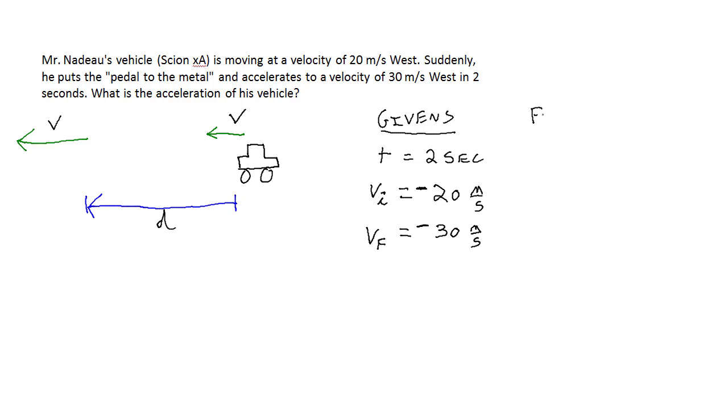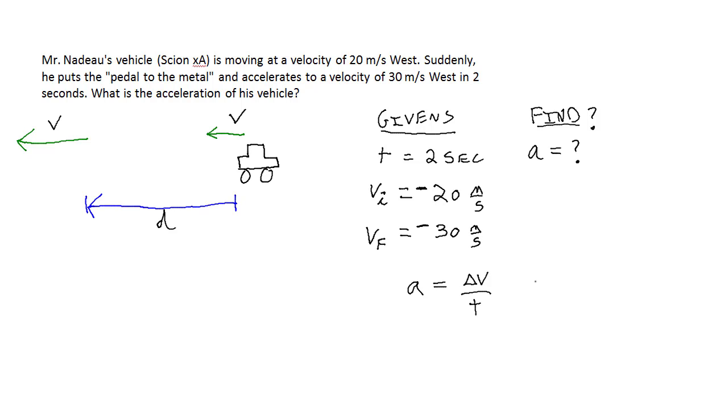Now, what are we trying to find here? We're trying to find the acceleration. So I'll use the variable symbol for acceleration and write a question mark. Okay, now we need an equation that allows us to plug in time, initial velocity, final velocity, and get acceleration. Well, you just learned the equation, so it's easy to identify. The equation looks like this.